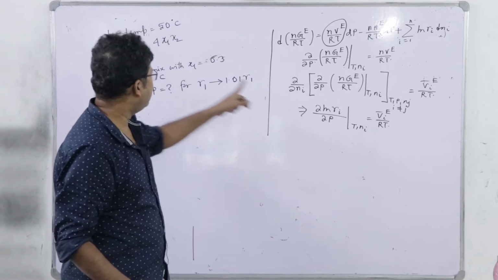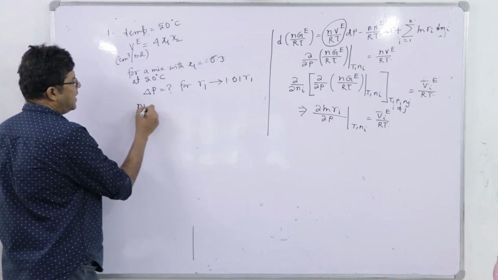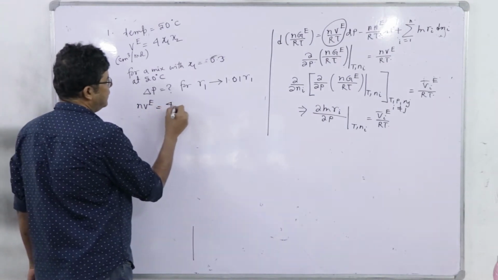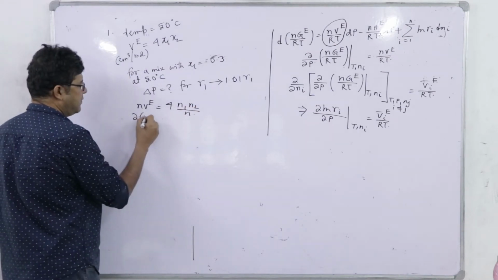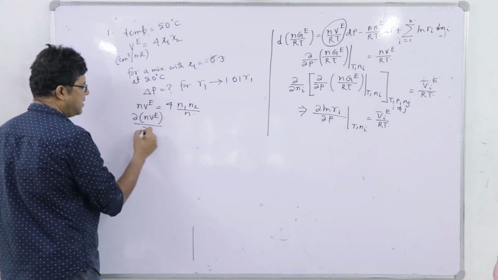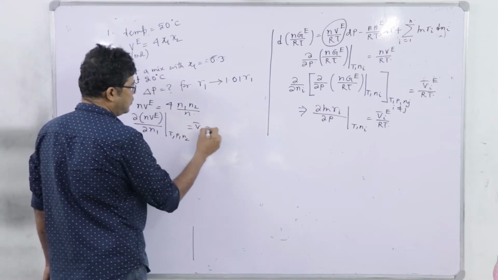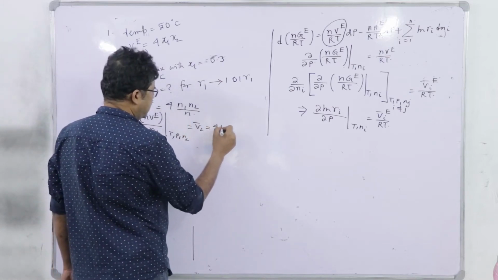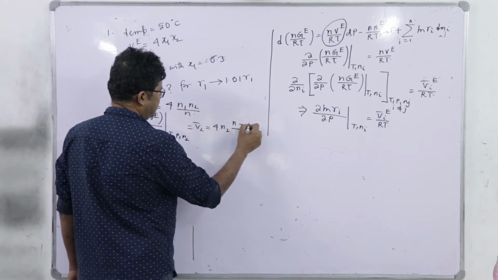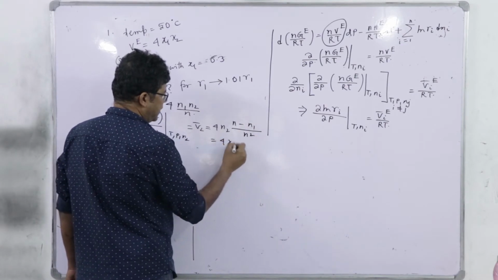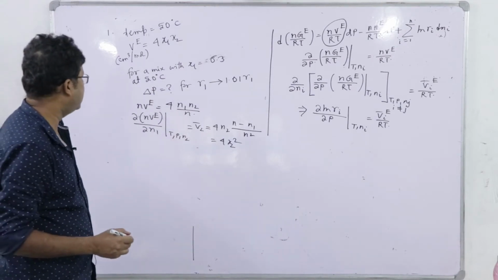Here V^E is given, so obviously nV^E is 4 n1 n2 divided by n. So, the derivative of nV^E with respect to n1 at T, P and n2, which is V1 bar E, is 4 n2 squared over n squared. So V1 bar E becomes 4 into x2 squared.